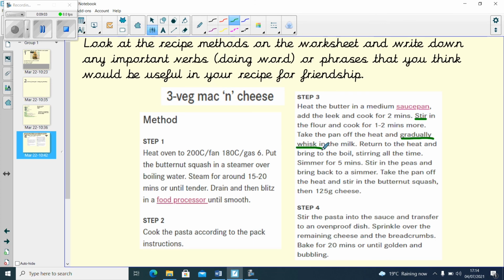Yeah, that would go well, wouldn't it? Okay, and you might like, let's see, sprinkle. There's another sprinkle there. Okay, so just like I'm doing now, I'm highlighting some of the words that I would like to use. You can either do that at home or print off your sheet and do that, or you can just write the words down on paper.